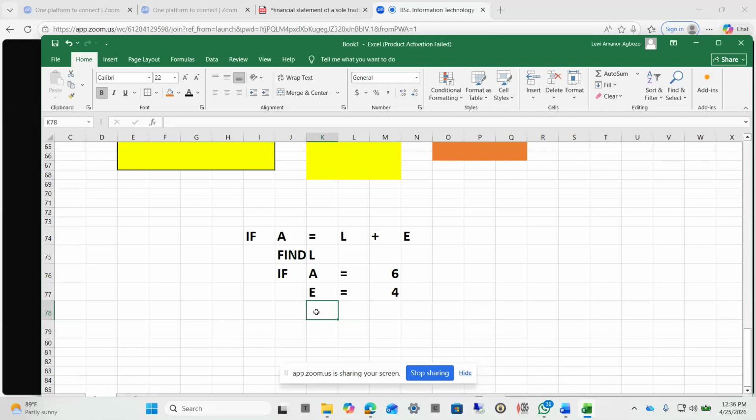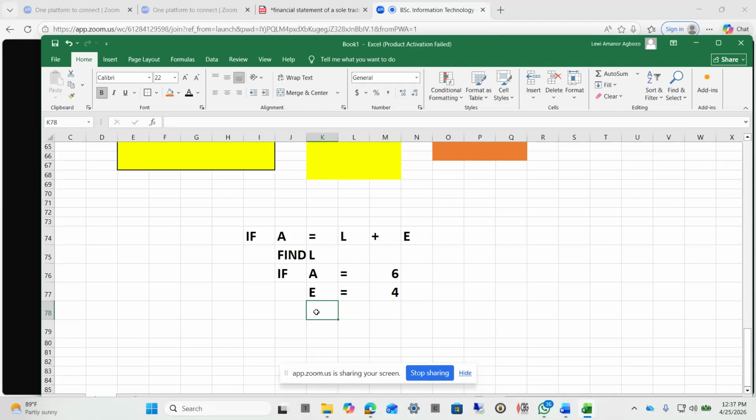The 4 crossing the equal to sign will change to negative. So it will be 6 minus 4, making 2. That's all. Do we all understand? Yes, sir. So that is the principle.